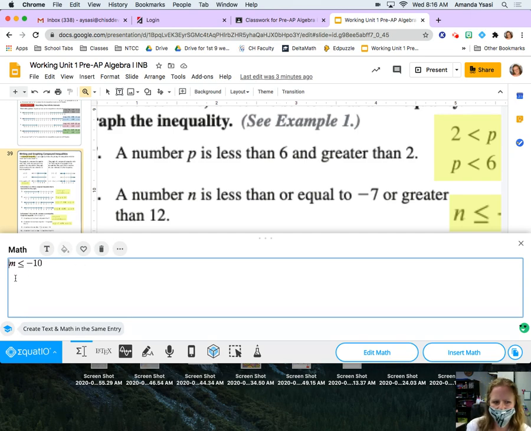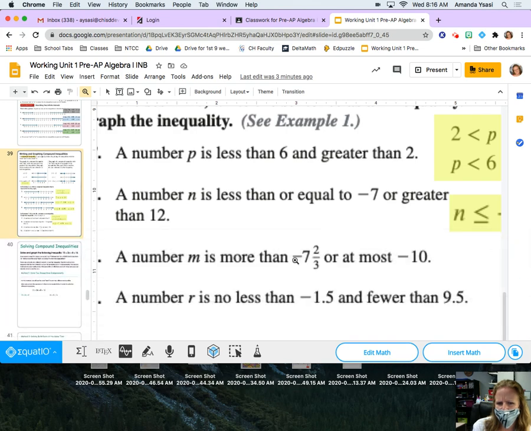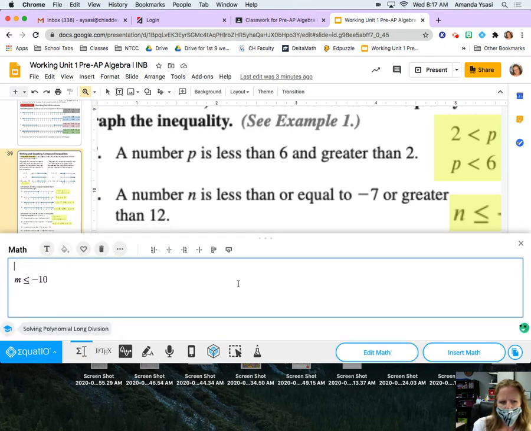That was the second part of it. And what was the other part? More than -7 2/3. So M is, if it's more than, what would that be? Greater than -7 2/3.